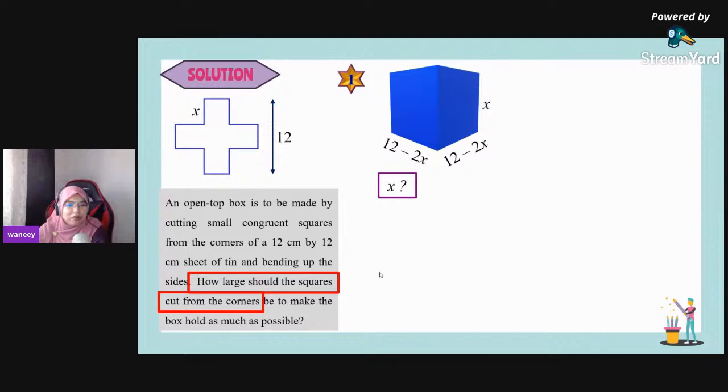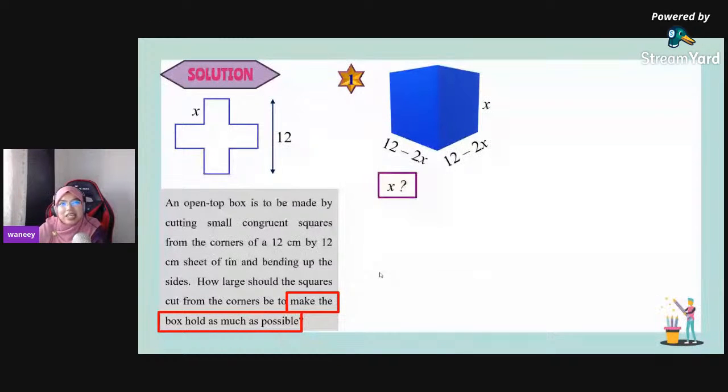And the second piece of info is that we want to make sure that the box holds as much as possible. It simply means that we are looking at the volume, how much it can hold. So we're going to maximize the volume.